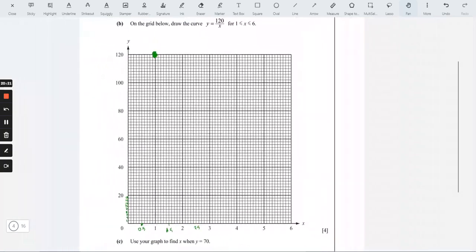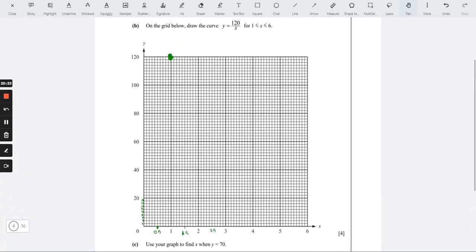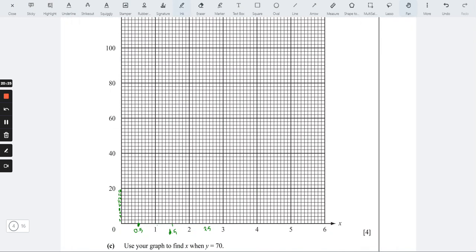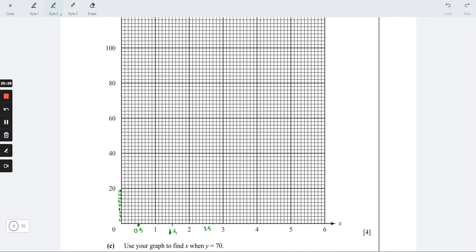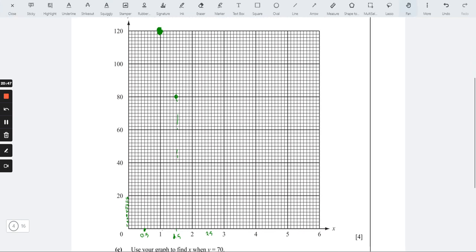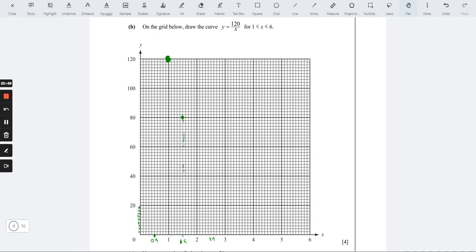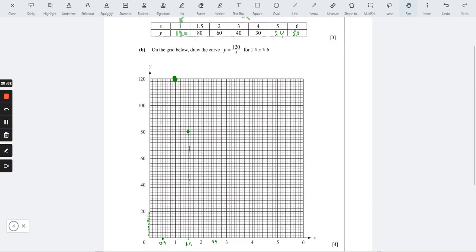So the next point is 1.5 and 80, which will be here. Again, from the table we have 2 and 60, and 6 and 20.